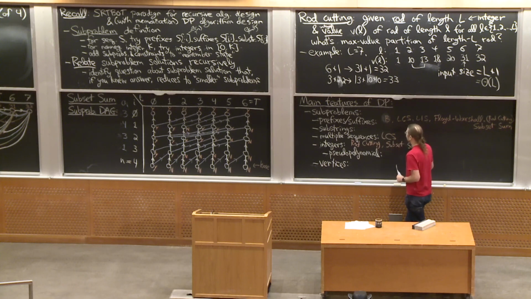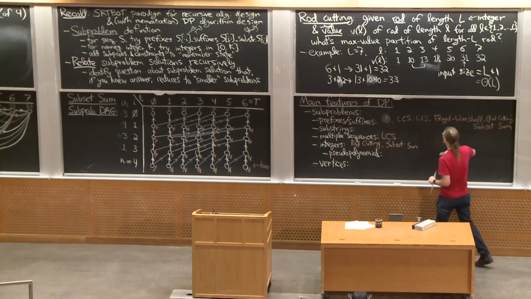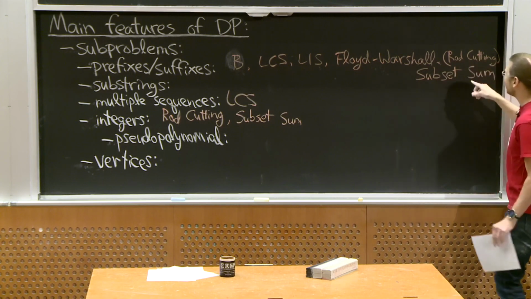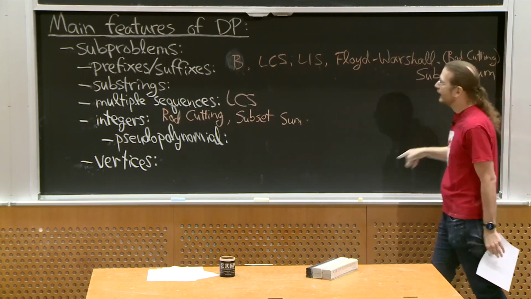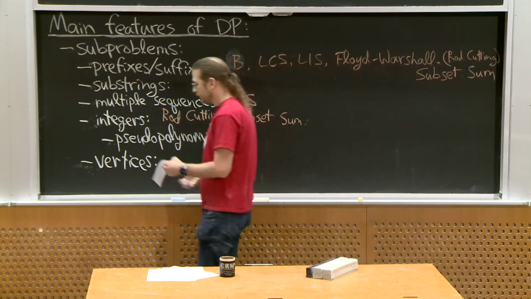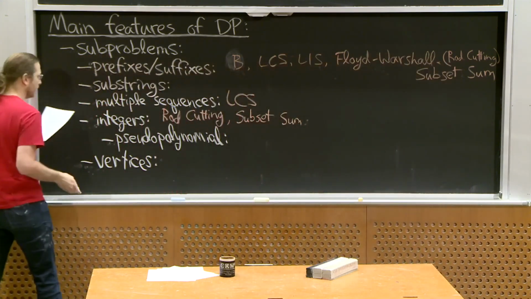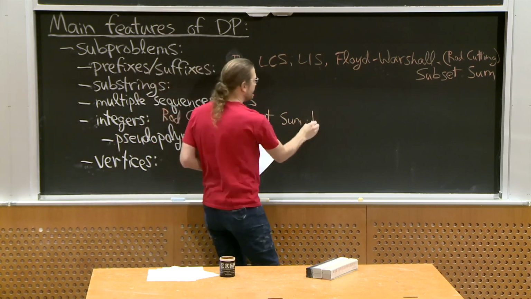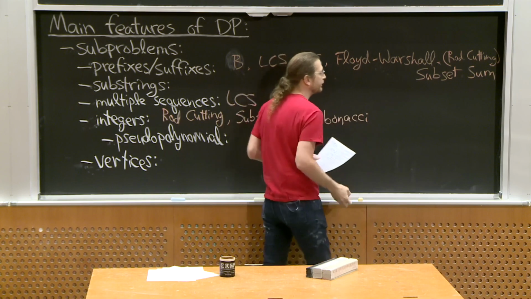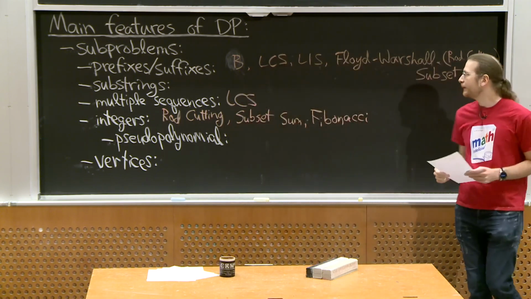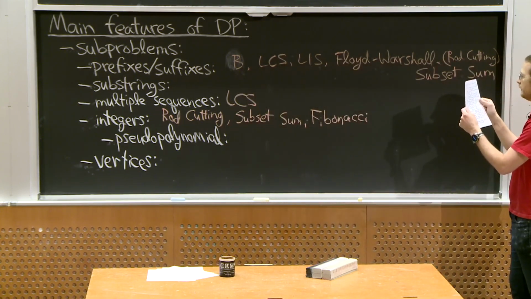So rod cutting you can put down here because we looked at smaller integers, or up here. But subset sum really is up here and down here, because we both looked at suffixes and smaller values of t. OK. Fibonacci also fits down here. Fibonacci was another case where we had a number n, and we looked at integers smaller than n.